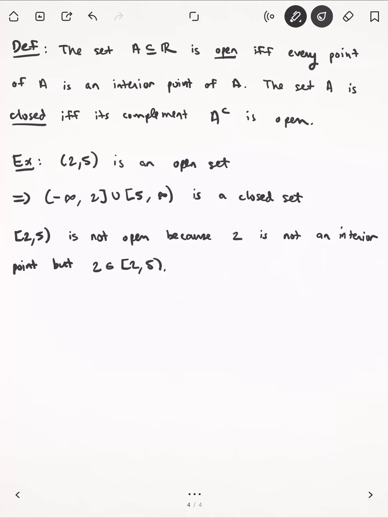But is this a closed set? Well, we're going to look at the complement here. And if the complement is open, we can say that it's a closed set. But notice the complement has a similar property. This is also not an open set.